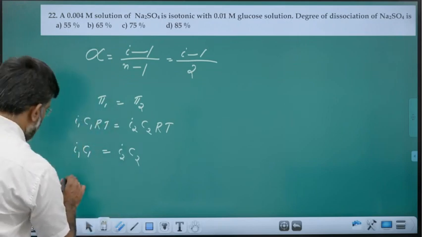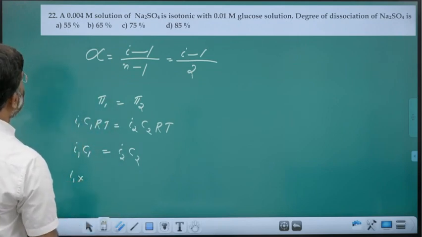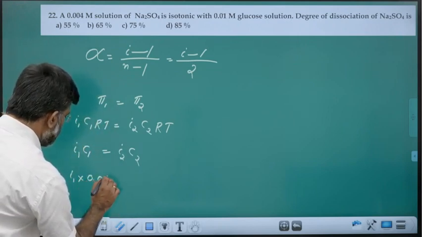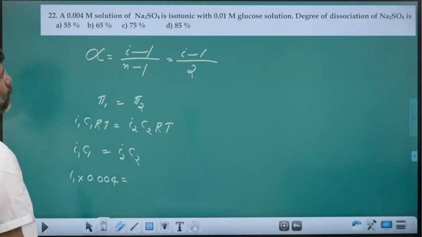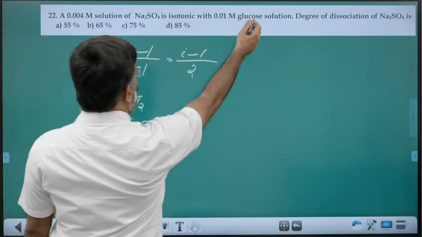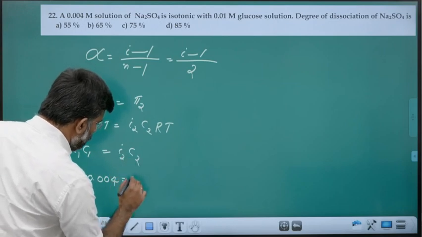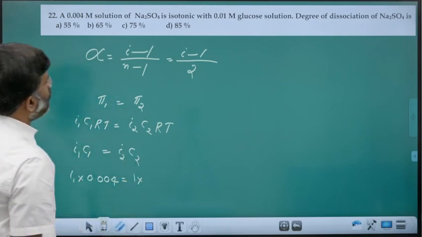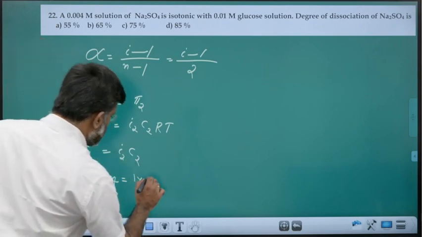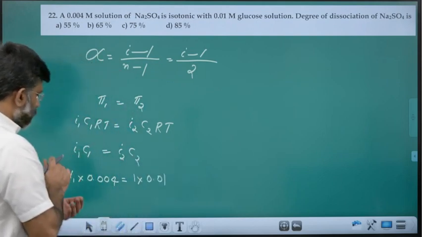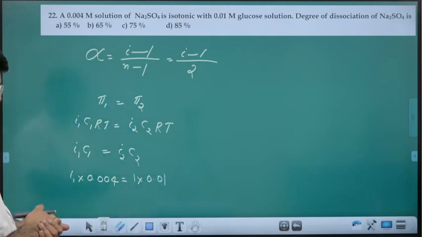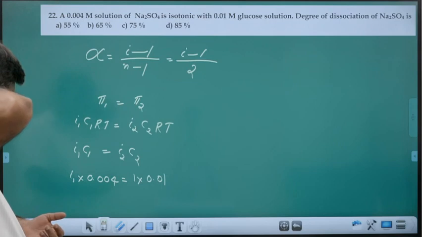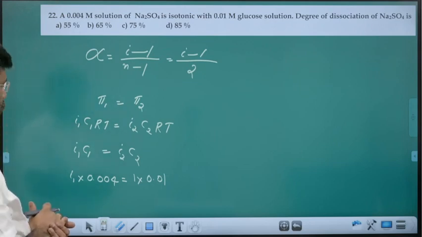So i1 into C1, 0.004, is equal to i2. We are talking about glucose. For glucose, i value is 1. So it is 1 into C2, 0.01. So you are getting i is equal to 0.01 by 0.004.